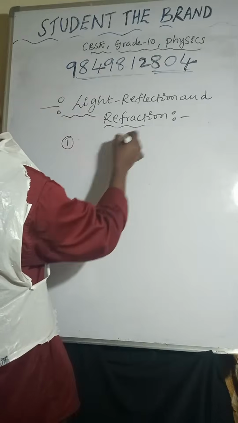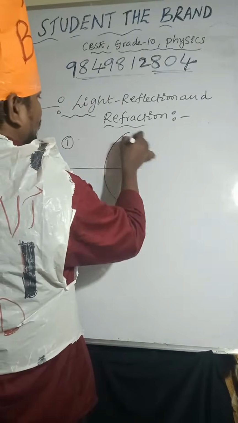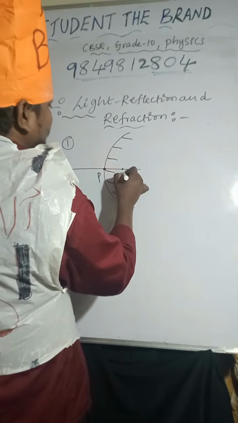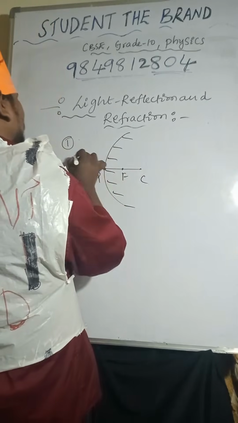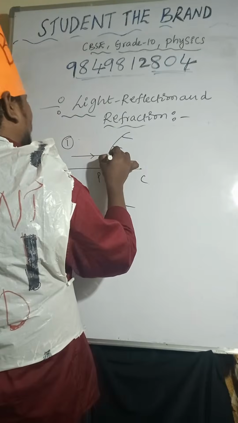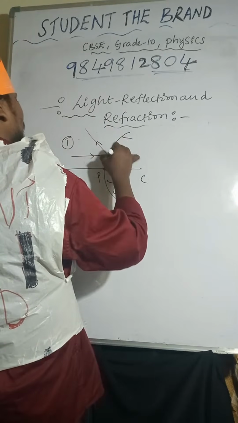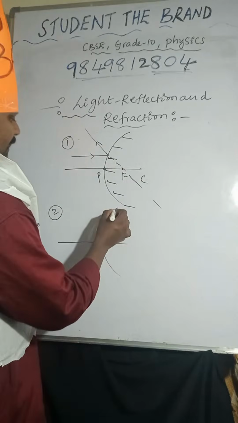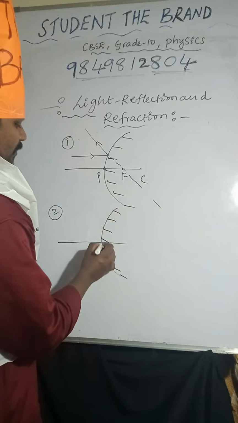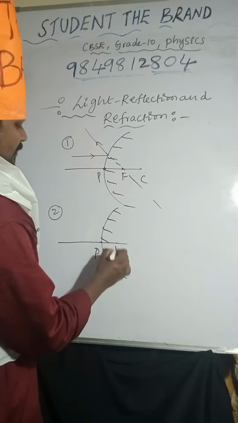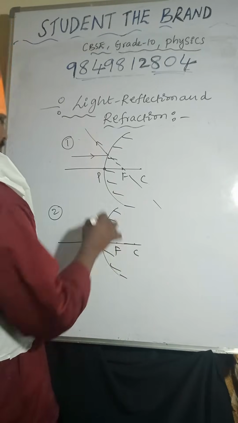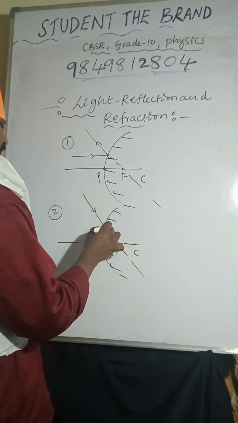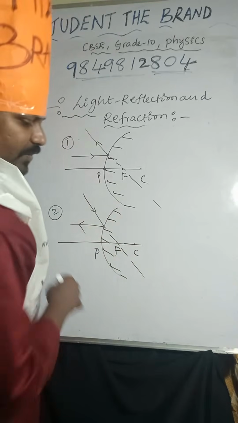First one: convex mirror, pole, focus, center of curvature. Light ray is coming from infinity, after reflection it passes through focus. Second one: pole, focus, center of curvature. Light ray is passing through focus, after reflection moves towards infinity.